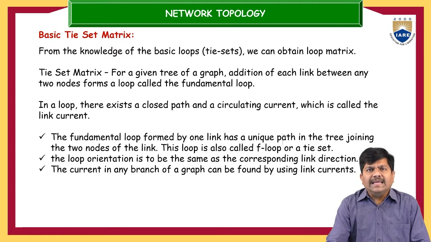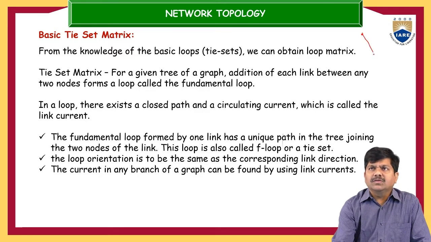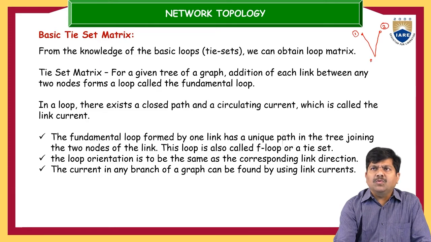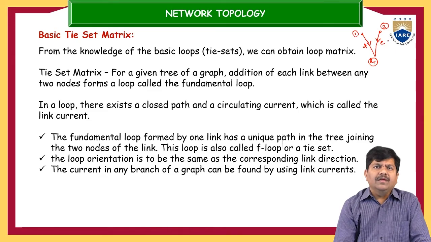Suppose we consider a tree like this, with node 1, node 2, and node 4, with elements A, B, C, D, and element E marked here. So what do we mean by the fundamental loop?